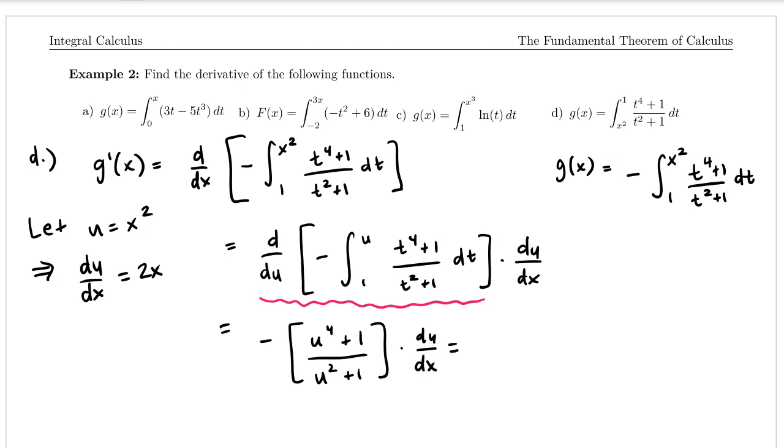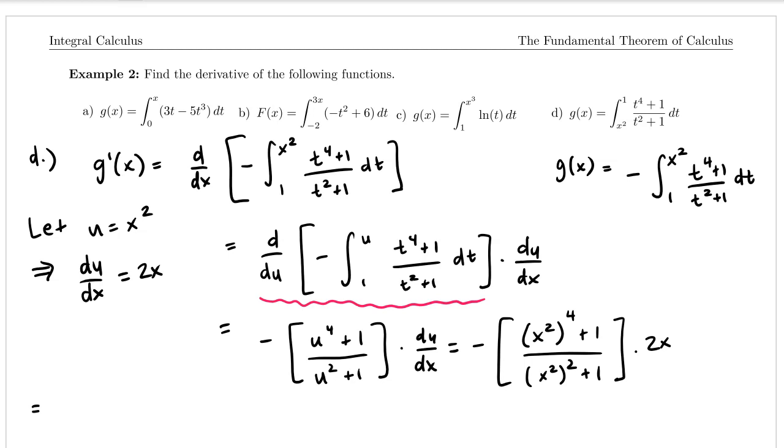Okay, and then we have negative, and I want to substitute x squared in for everywhere I see a u. So that's going to give me x squared to the 4th power plus 1 over x squared quantity squared plus 1. And then I need to multiply this by 2x.